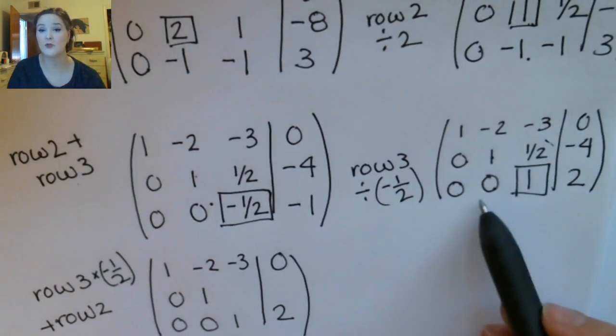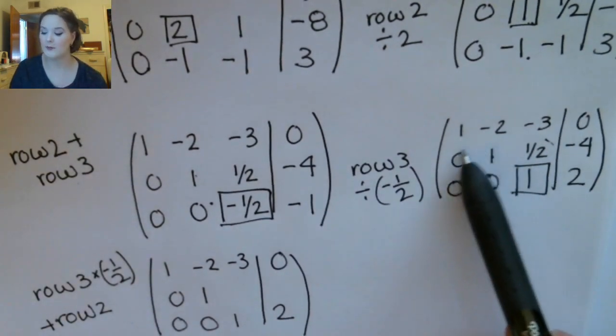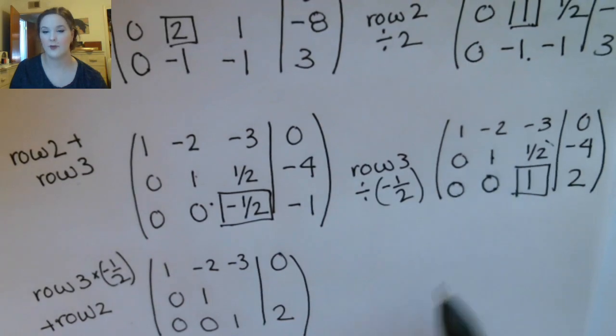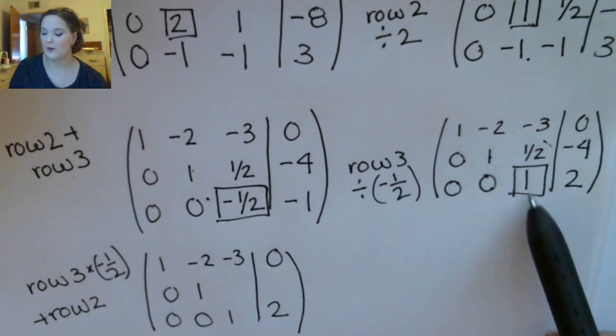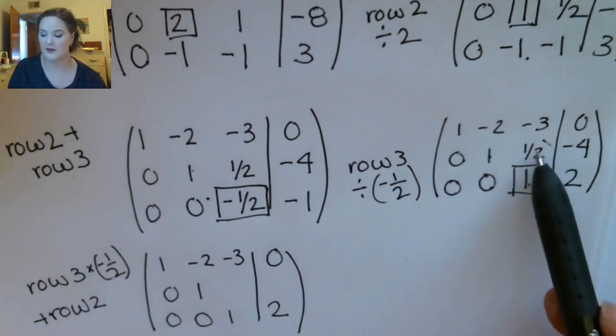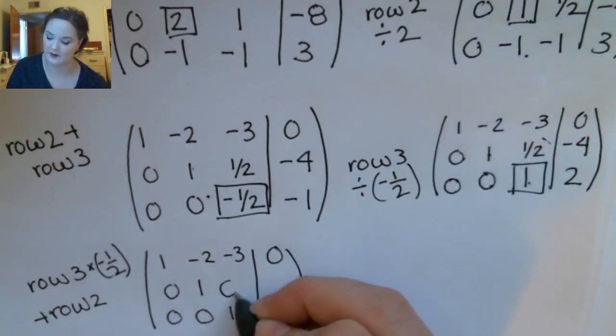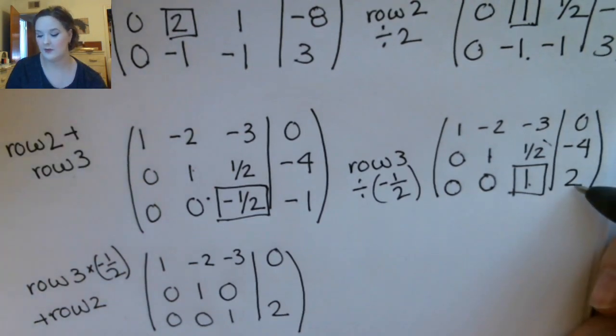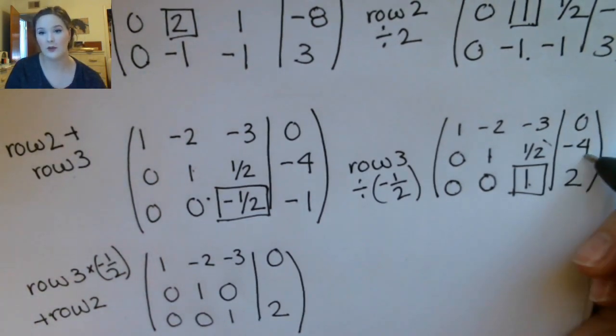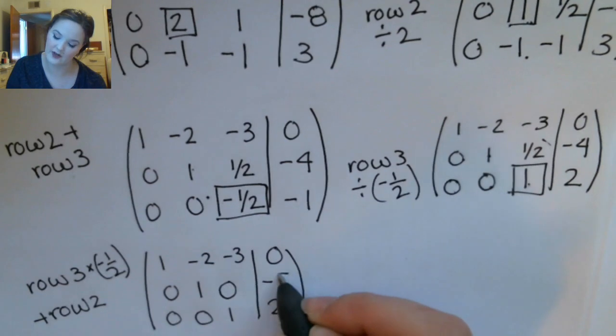That's why you're using the bottom row, because you're not going to mess up this part. So you can see I still have that nice stuff here that I want. Now 1 times -1/2 is -1/2, plus 1/2 is 0. 2 times -1/2 is -1, plus -4 is -5.